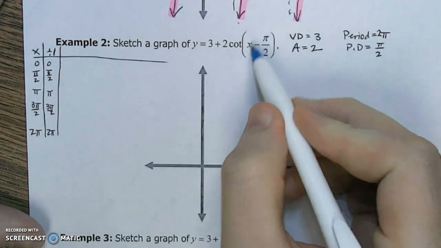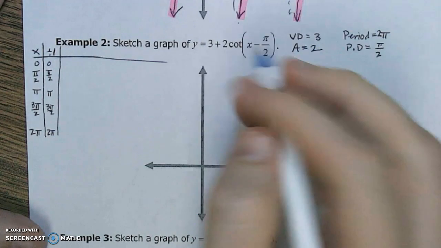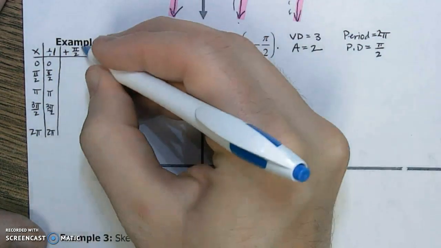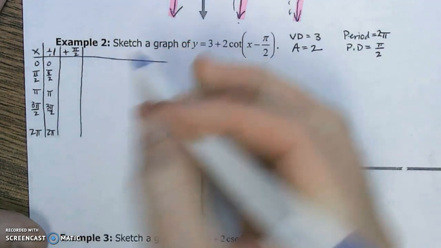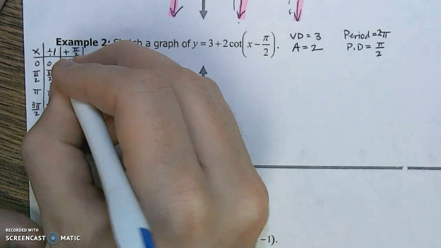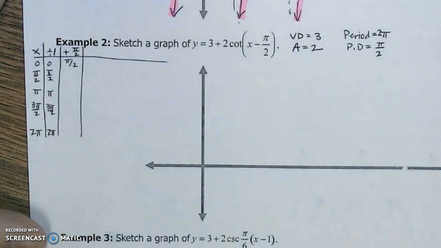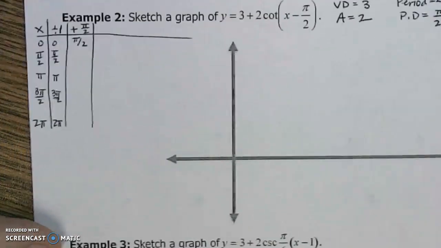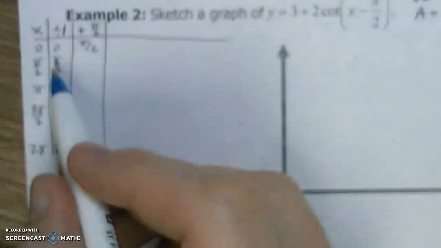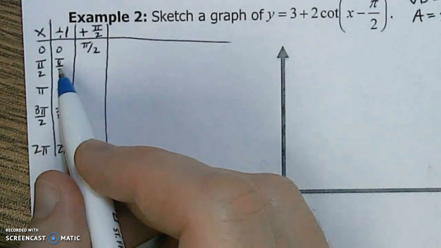And then I'm going to add pi over 2, add my phase displacement. So 0 plus pi over 2 is pi over 2. Then I've got pi over 2 plus pi over 2, which is just pi.